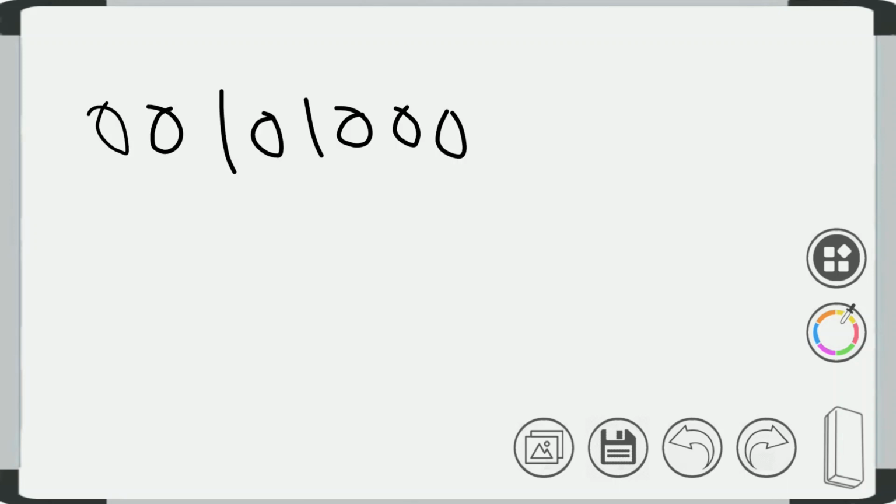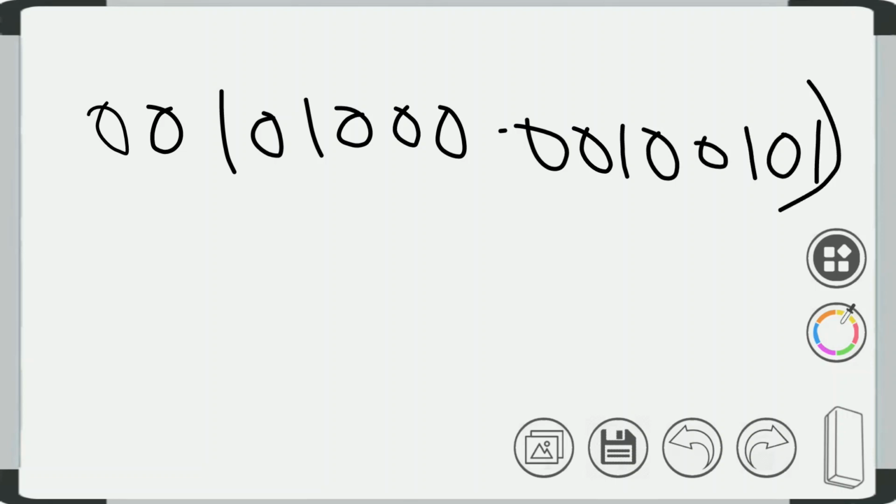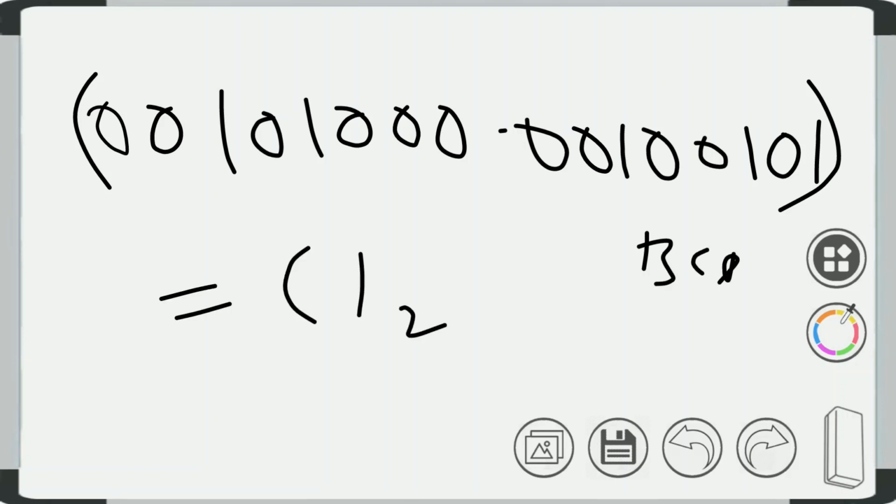Suppose the BCD code given is 00101000 dot 0010 and 0101. Suppose this is a BCD code and it is to be converted into binary form.